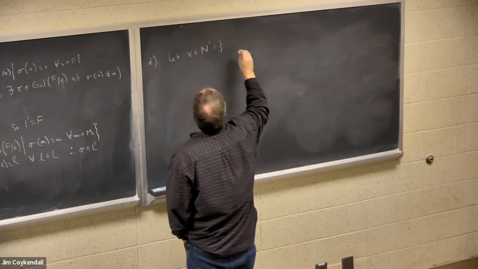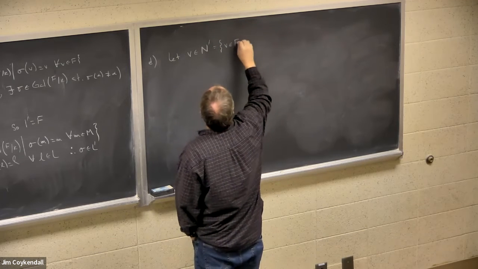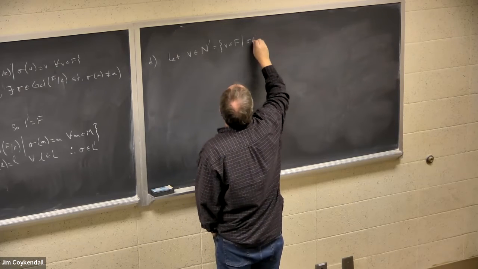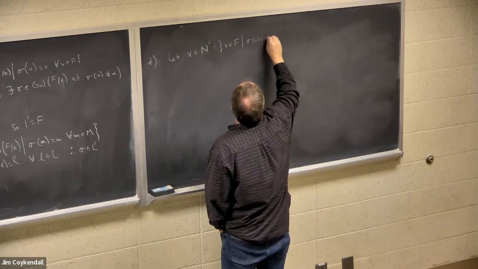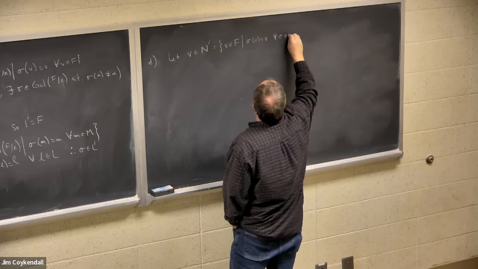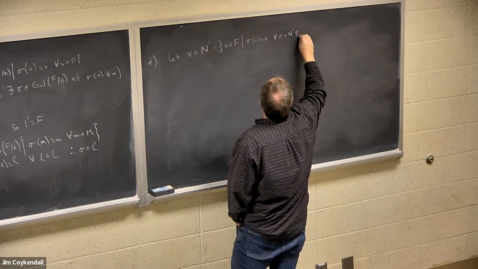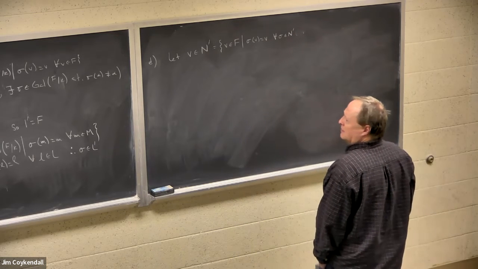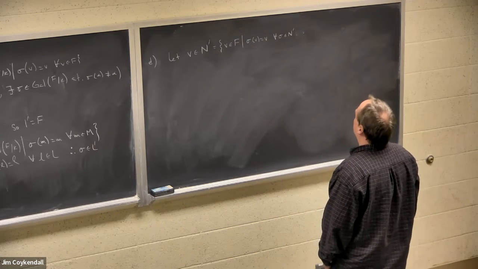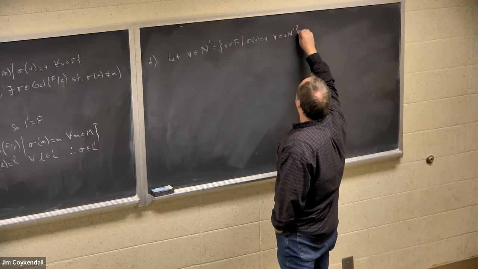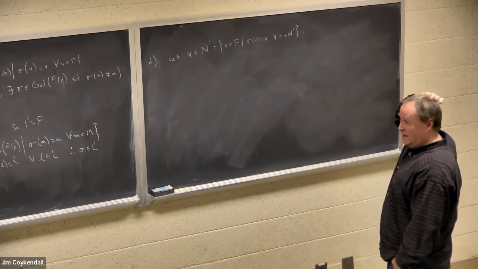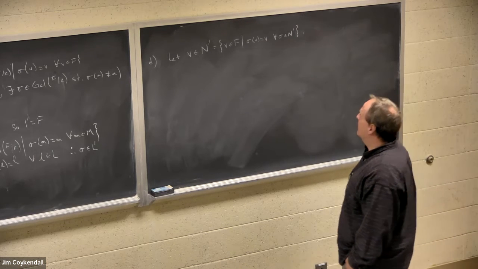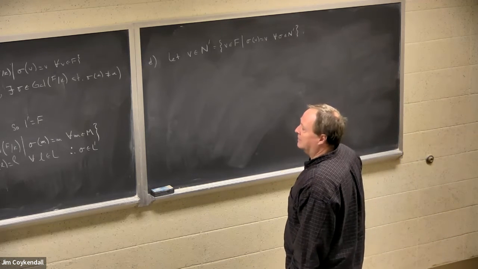And N prime is the set of V in F such that sigma of V equals V for all sigma in N. And of course, N prime is contained in F. Now, what I need to do is show that V is actually in H prime.